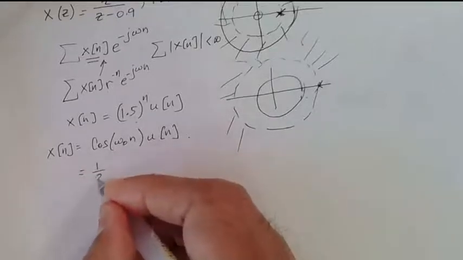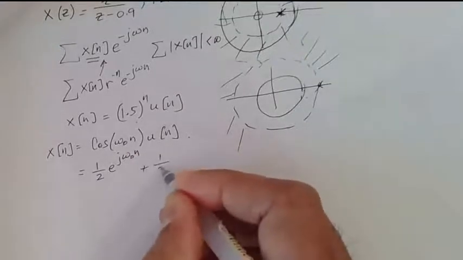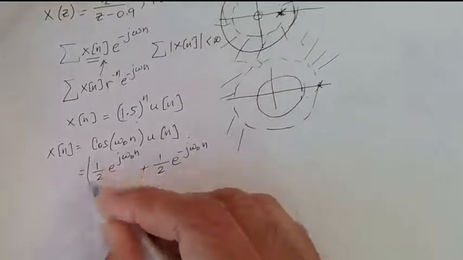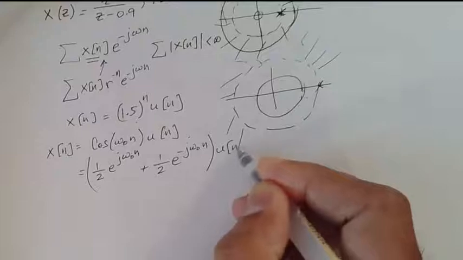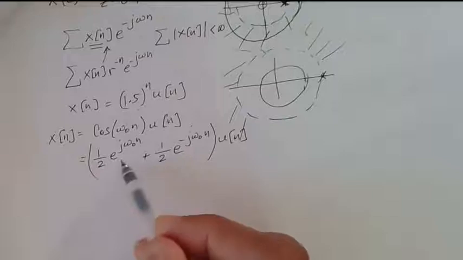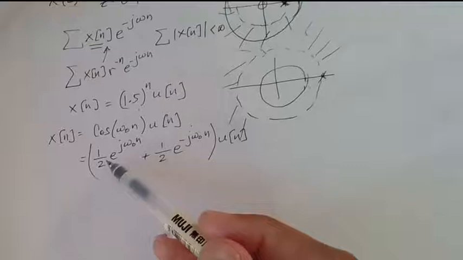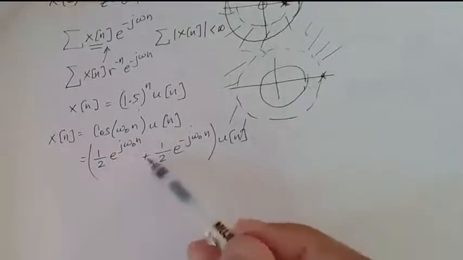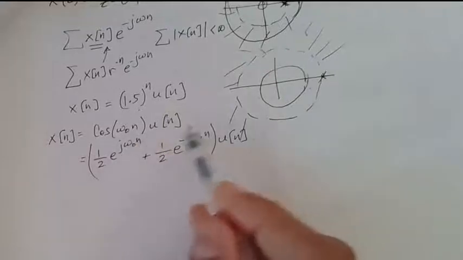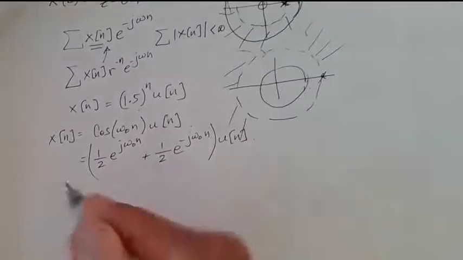So this is 1/2 e to the j omega naught n plus 1/2 e to the minus j omega naught n, times u of n. One of the properties we will find when we look at the properties of the z transform is that the z transform is linear. That is, the z transform of a sum is the sum of the z transforms, as long as they all exist. So I can take the z transform of each of these individual terms, add them up together, and I'll get the z transform of the whole thing.